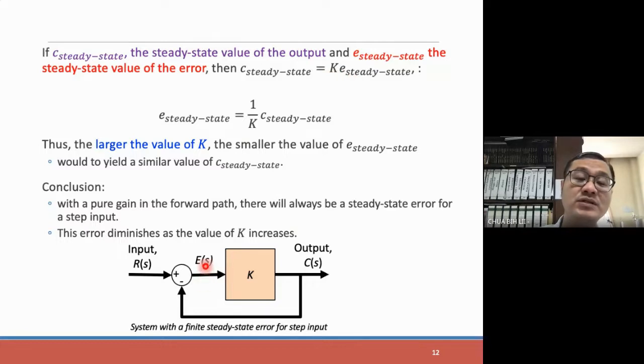Because we always use E multiplied by K to get the output.